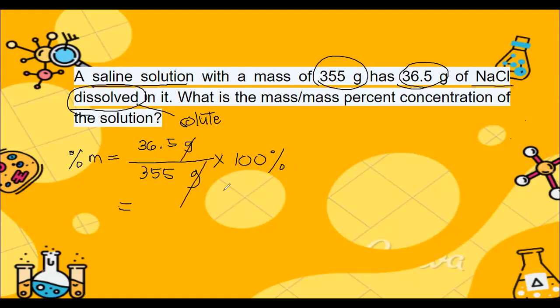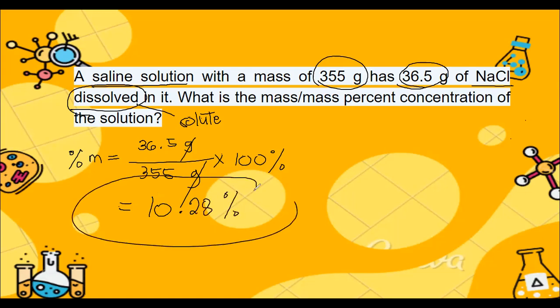Now let us compute 36.5 divided by 355 times 100. Our answer is 10.28%. So this is the percent by mass of our solution. All right.